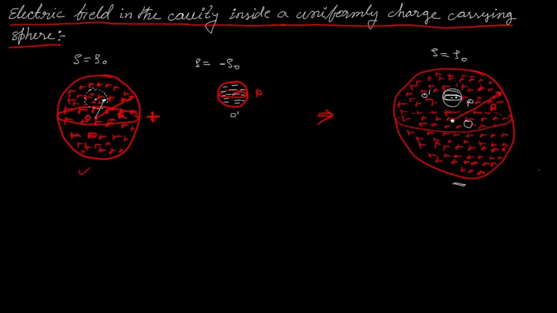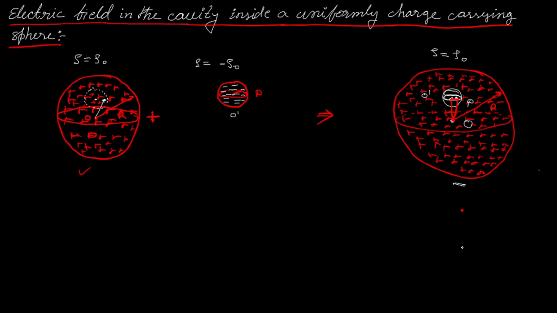Okay, then do it in this way. We want to calculate the electric field. What we have here is the center of the sphere O, the center of the cavity O dash, and an arbitrary point P. Let me draw these three points together, and connect O with P, and O dash with P. So let me draw a bigger picture here.